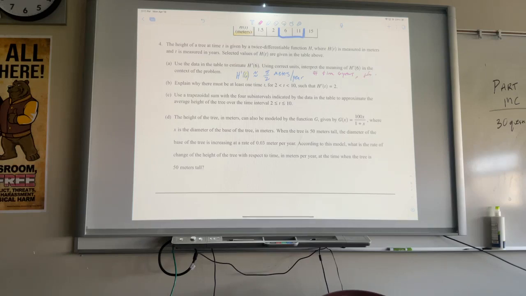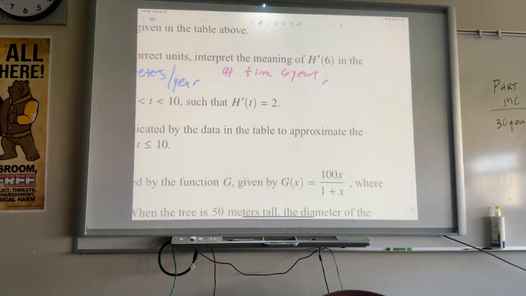The word we like to use here is the rate of the tree, the rate of growth of the tree. Okay, we don't have to write just growth. Sentences are not my easiest thing, clearly.